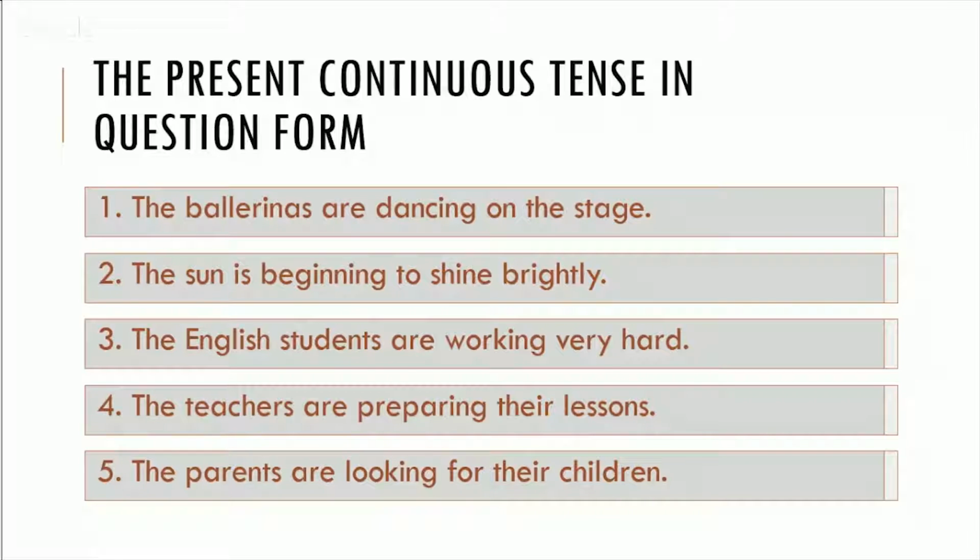So we're going to do the same thing, but this time we're going to change these into a question. Before I give you the first answer, I'm going to ask that someone provide the answer in the chat for number one. I want someone to show me what number one would be as a question.